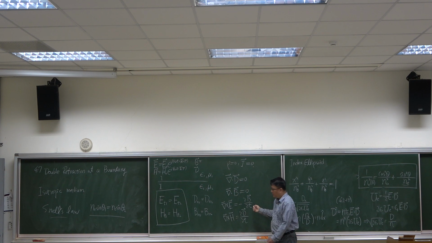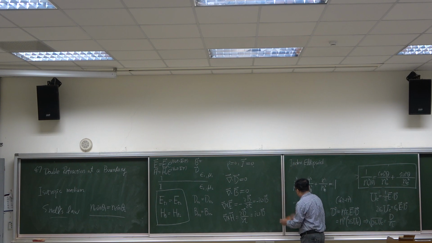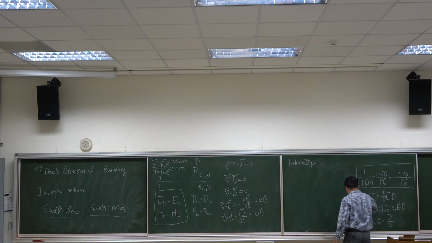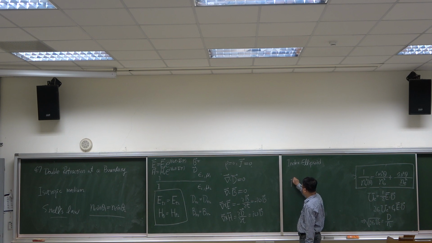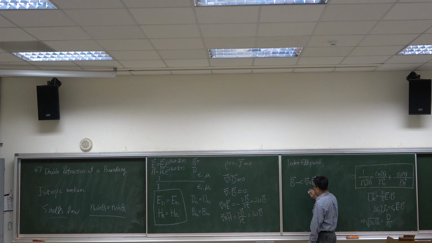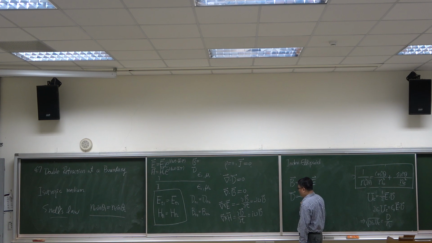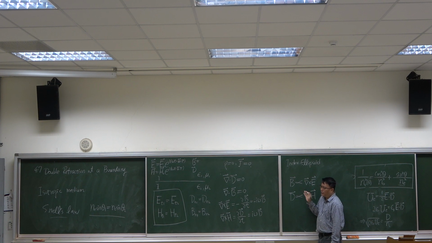Then we know that the time derivative can be written as minus i omega times B, and this gives us i omega times D. So if omega is not equal to 0, from this equation we obtain B proportional to curl E, and D is proportional to curl H. However, vector analysis tells us that the divergence of a curl is equal to 0.